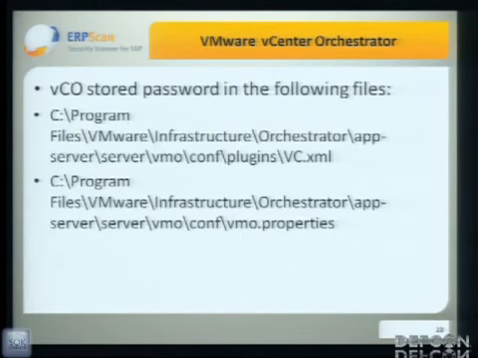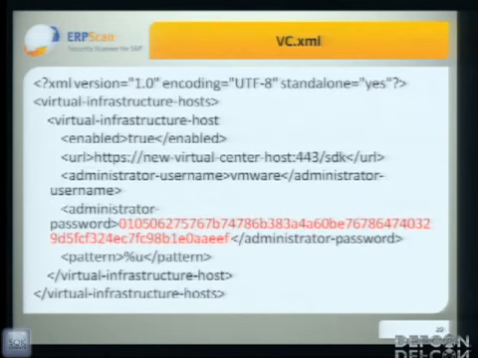So we also found interesting files like VS.xml and VMware properties. These files look like this. It looks like a hash, but actually it isn't a hash because it has an odd length, so definitely not a hash.